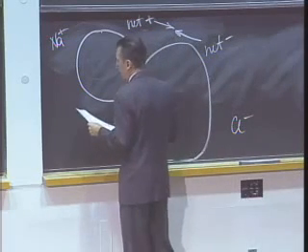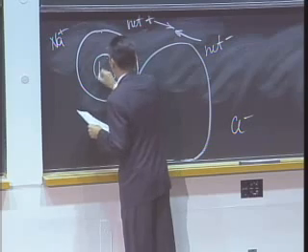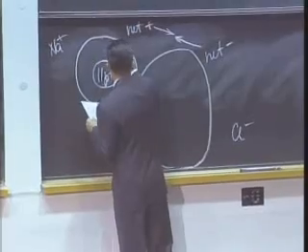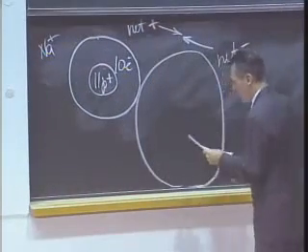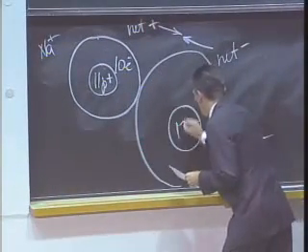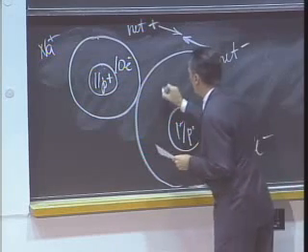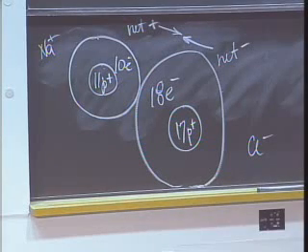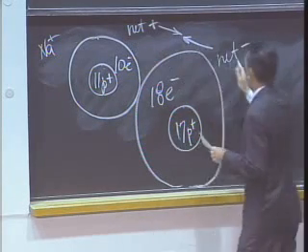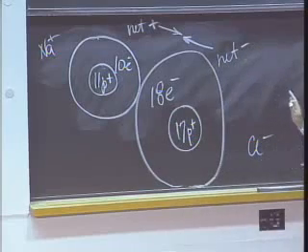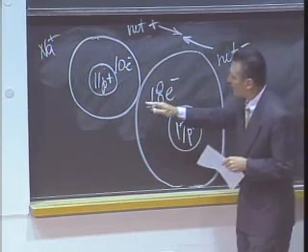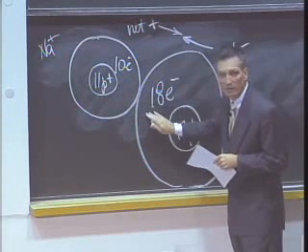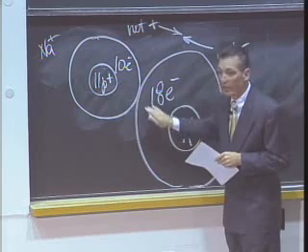Sodium is net positive, but I've got a nucleus with 11 protons in it, and I've got 10 electrons around it. And here I've got 17 protons in the nucleus, and I've got 18 electrons around it. So when we get really close together, granted, there's a net positive and negative charge with a Coulombic force of attraction, but can you see that as you get really close together, the negative electronic clouds surrounding the two ions start to sense one another.